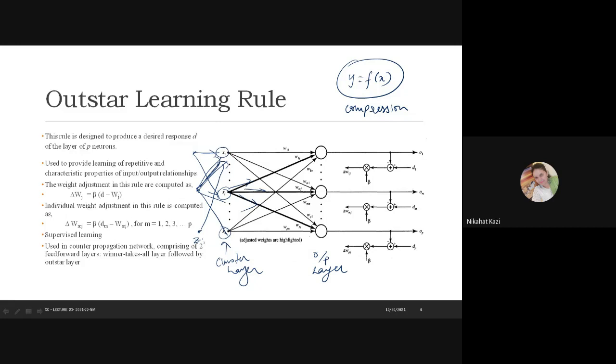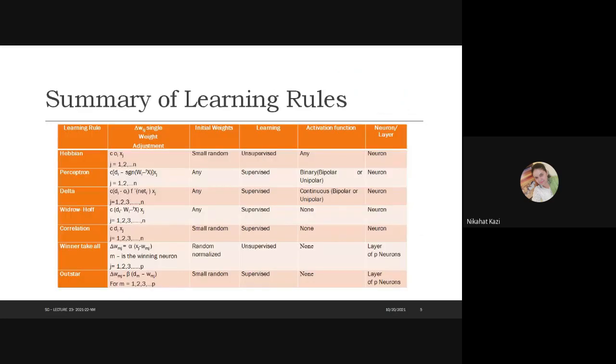So we will look at the learning rules that we have studied as part of the course. These were the learning rules that we have looked at: the Hebbian, perceptron, delta learning, Widrow-Hoff, correlation, winner takes all, and Outstar. So this is a short summary of all learning rules based on different parameters.